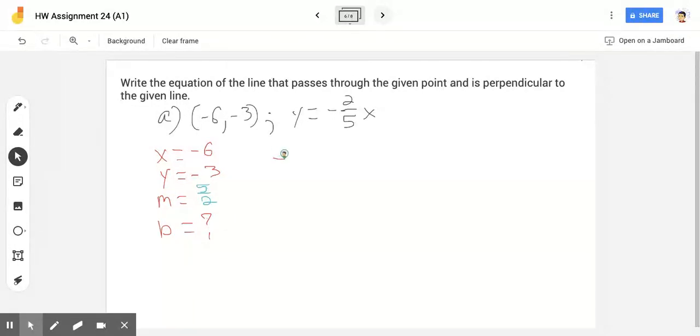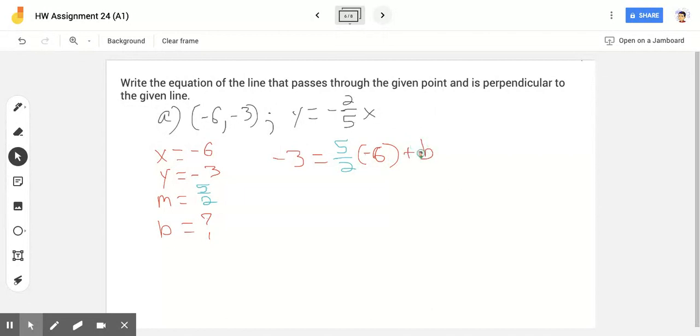So -3 is y is equal to our m, which is 5/2. Let me make it blue for us just so we could see it. 5/2 times x, which is -6, plus b.